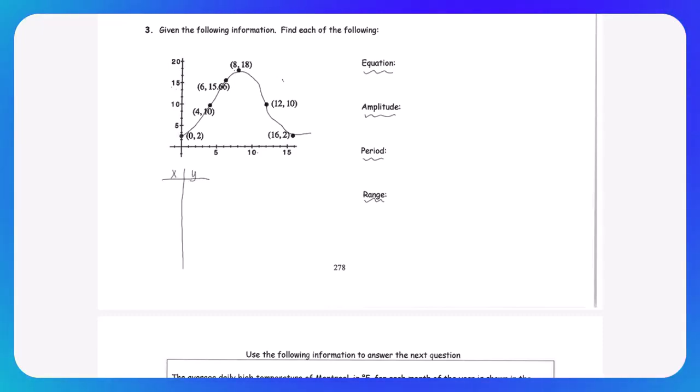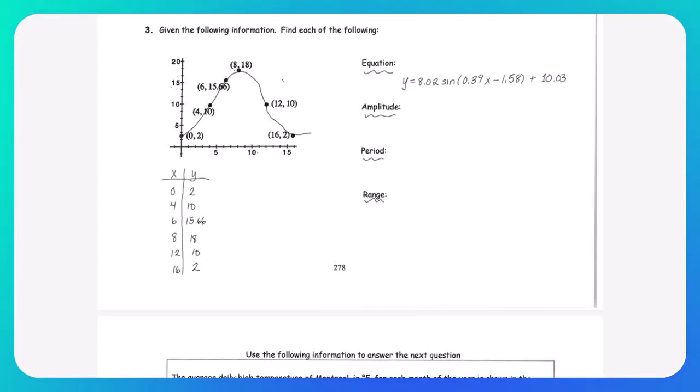So if we label x and y, we get 0 and 2, 4 and 10, 6 and 15.66, 8 and 18, 12 and 10, and 16 and 2. So what I'd like you to do right now is put these into your list 1, list 2, and determine the equation. So pause the video, and when you come back, I will have the equation done for you.